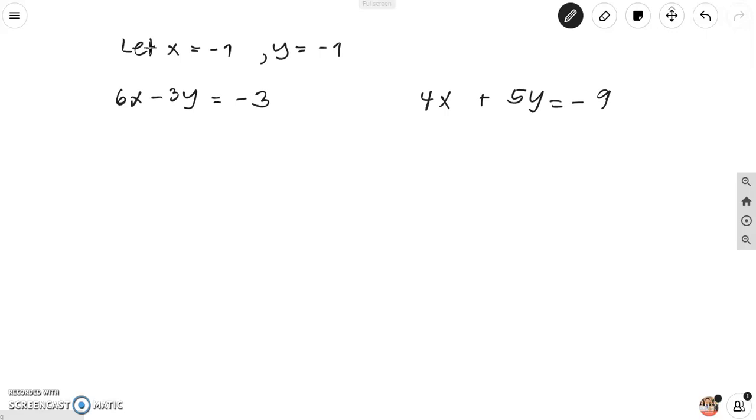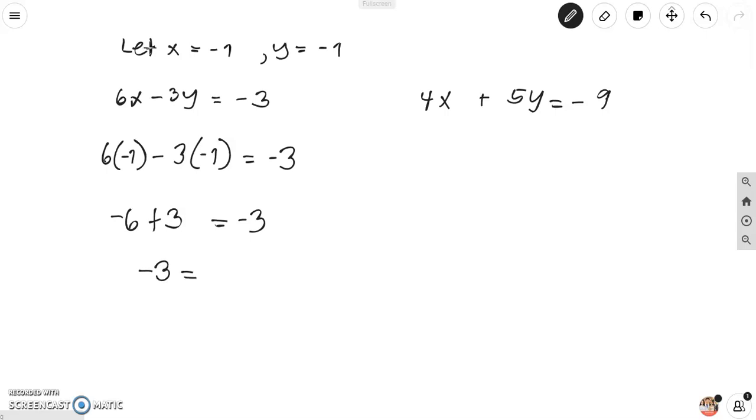Let x equal negative 1 and y equal negative 1. So 6 times negative 1 minus 3 times negative 1 equals negative 3. So negative 6 plus 3 equals negative 3. Here we have an equal value, so this value of x and y is true.